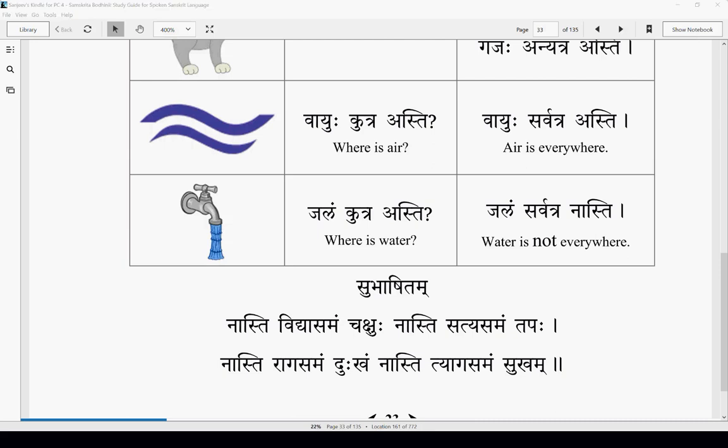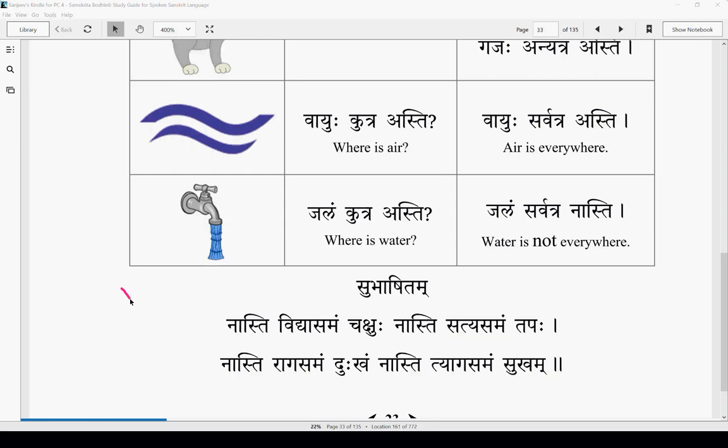Yeah, sukham. So here it is Nasti Vidya Samam. Because we are talking about asti nasti, I found this Subhashitam relevant here, using nasti. So, vidya. I think this dya is challenging in Devanagari for many of you.